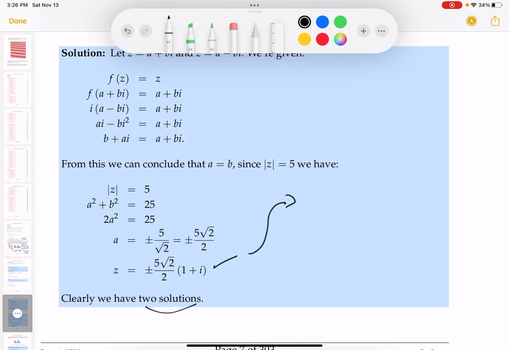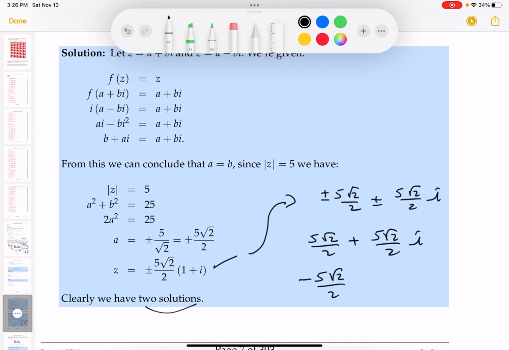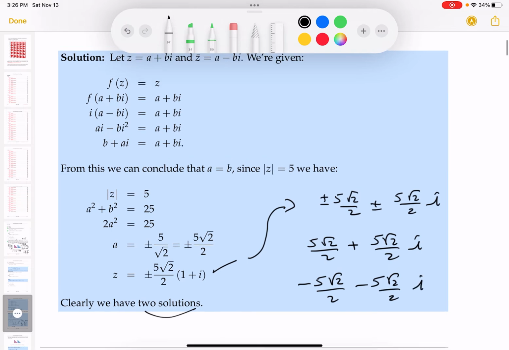It's going to be plus or minus 5 root 2 over 2, plus or minus 5 root 2 over 2 i. If you wrote them down separately, it would be 5 root 2 over 2 plus 5 root 2 over 2 i, and the other one would be minus 5 root 2 over 2 minus 5 root 2 over 2 i. Yeah, clearly two solutions to that.